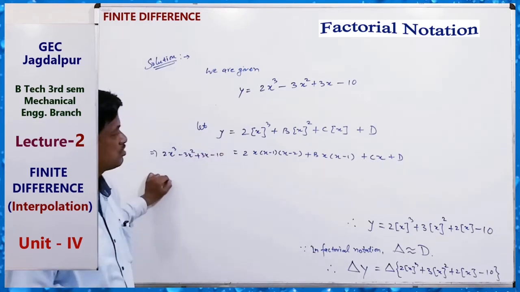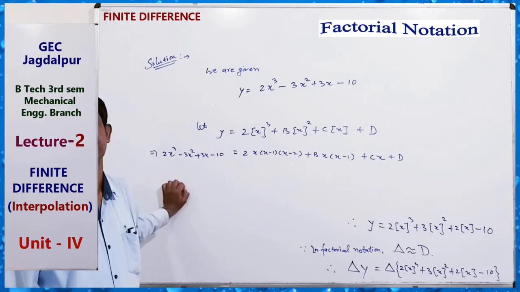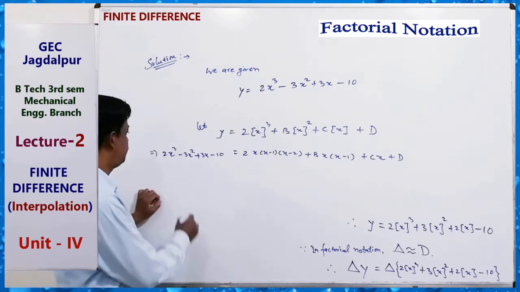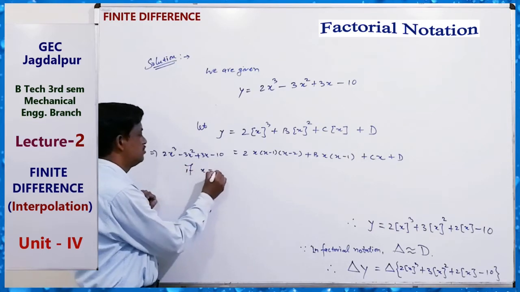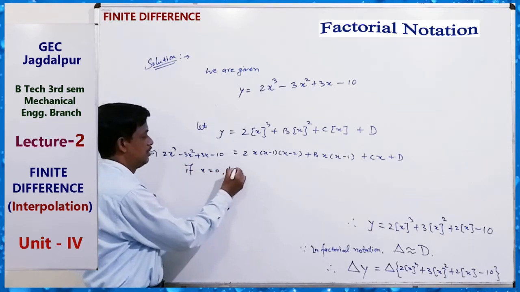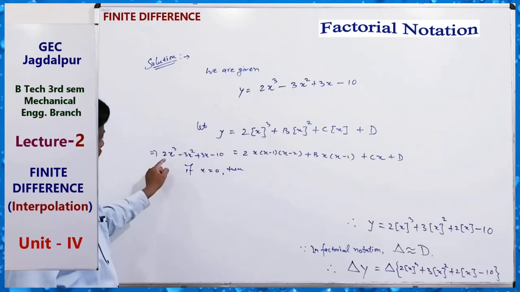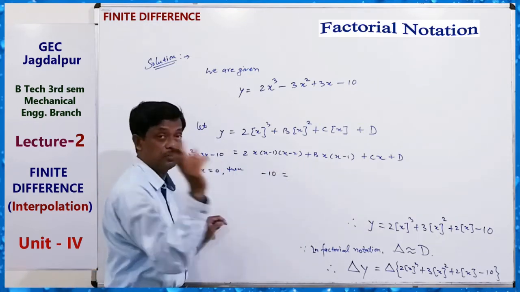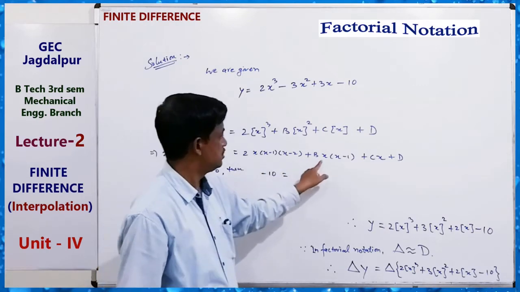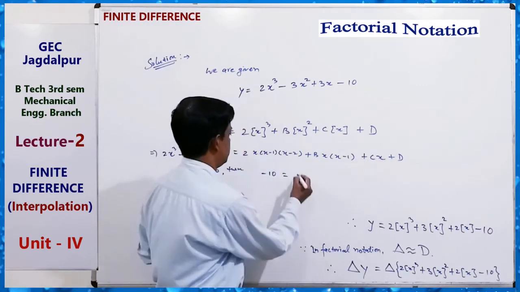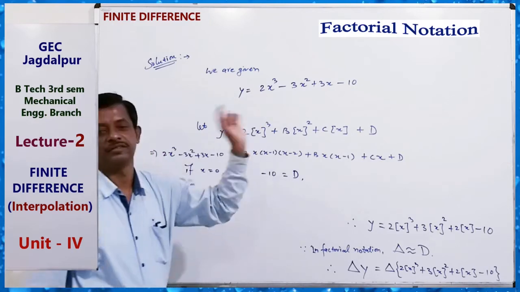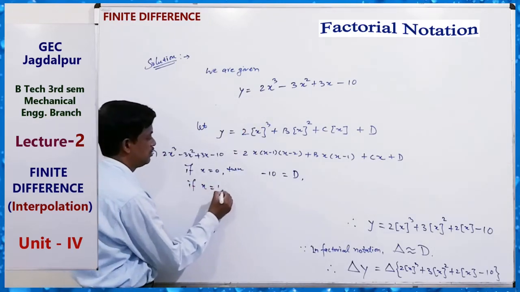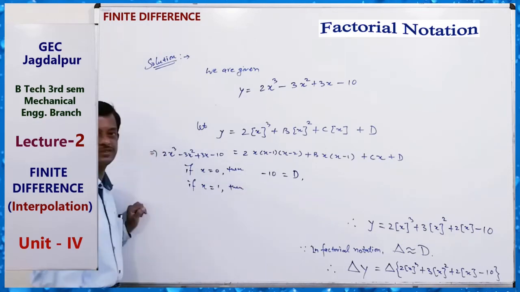Now, from both sides we can find the values of B, C, D. How? If x equals 0, then here x equals 0, then minus 10 on the left side. Right side, x equals 0, so this is 0, this is 0, this is 0, d. So d equals what? Minus 10. Now, if x equals 1, then just put x equals 1 here.